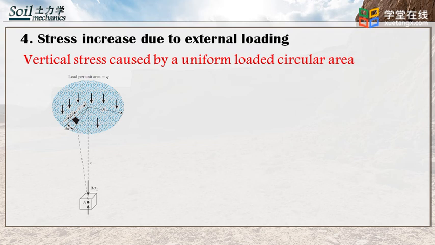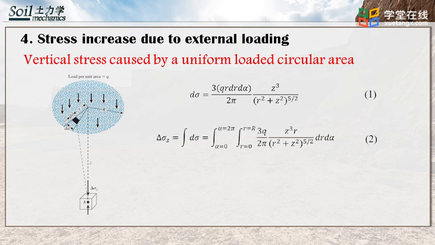The vertical stress d sigma at point A caused by load on the elementary area can be obtained from equation 1. The increase in the stress at point A caused by the entire loaded area can be found by integrating equation 2, which is simplified to equation 3.